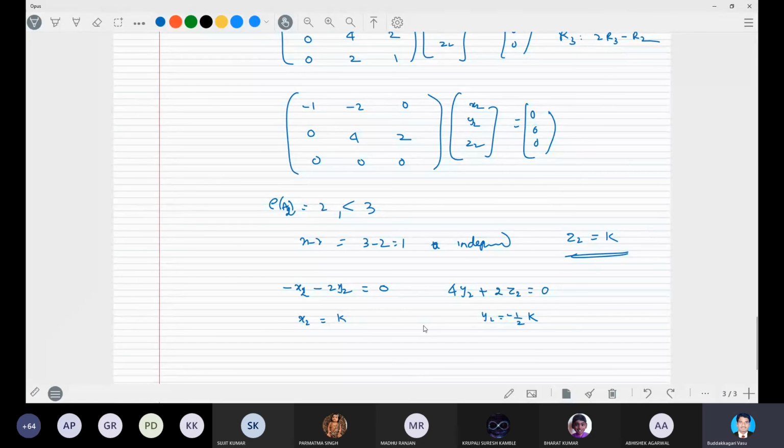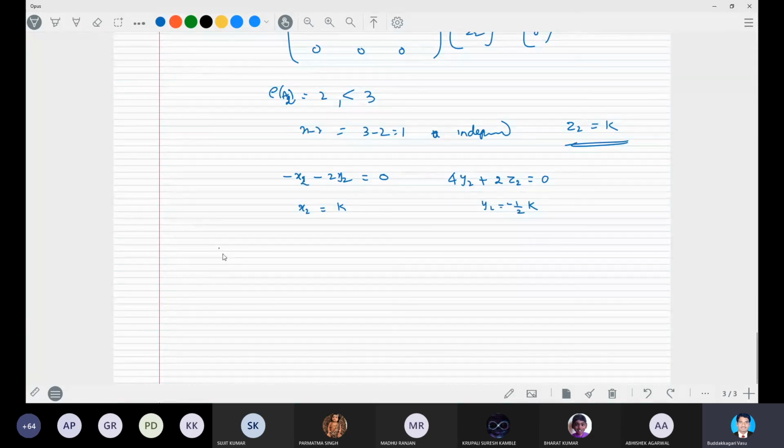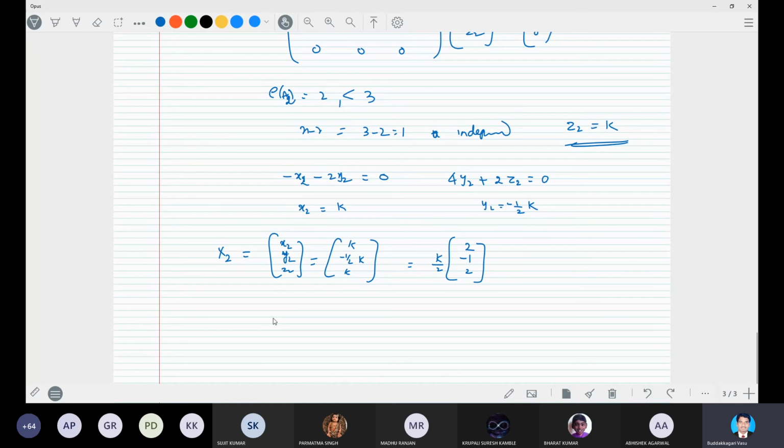You just substitute y2 is equal to minus 1 by 2 k here. So therefore the required vector x2 is x2 y2 z2, that is equal to k, minus 1 by 2 k, and k. Taking k by 2 common, it results in 2 minus 1 2.